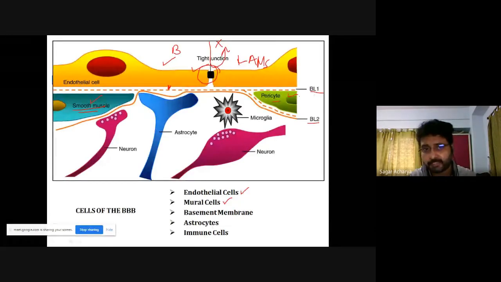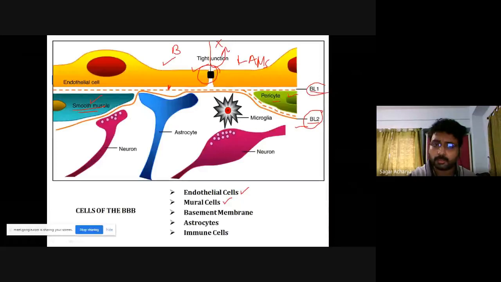Parenchymal means where there is brain tissue, the major brain tissue, and the vascular one is close to the blood vessels, close to the endothelial cells. I don't know whether you are aware of the basement membrane or basal lamina, but what is the basement membrane actually?